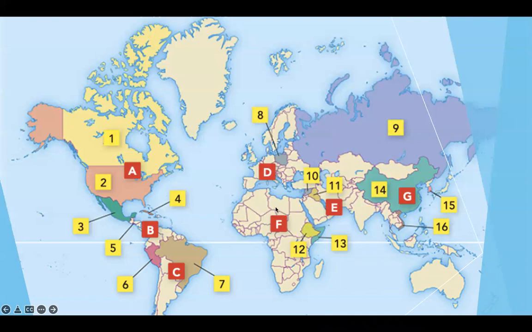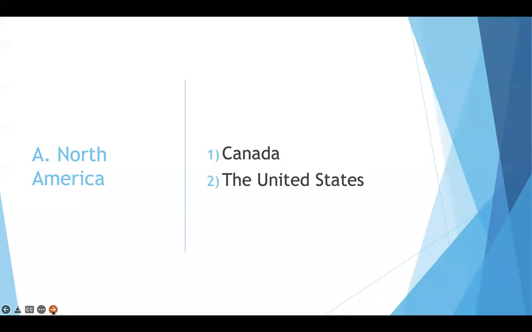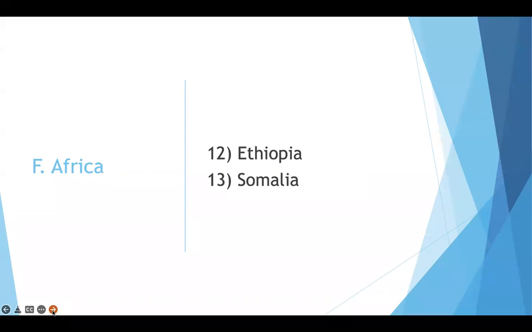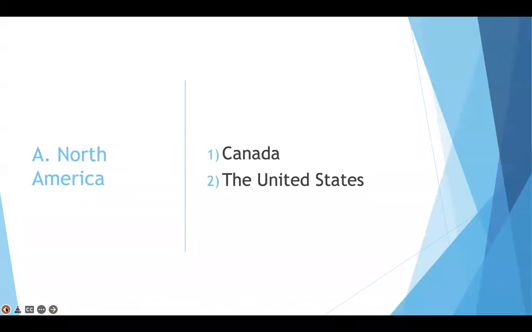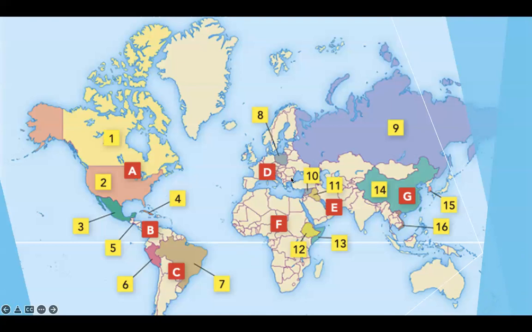All right, how about letter F? What continent is labeled by letter F? This one is Africa. And the 2 countries that are labeled are Ethiopia and Somalia. So here we go. Africa, Ethiopia, Somalia.